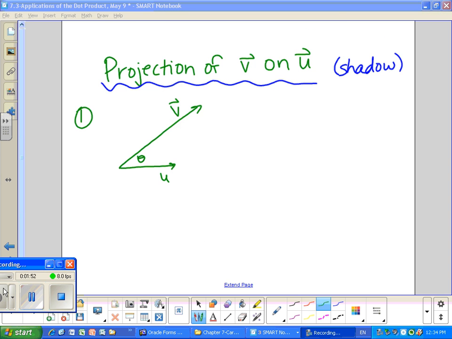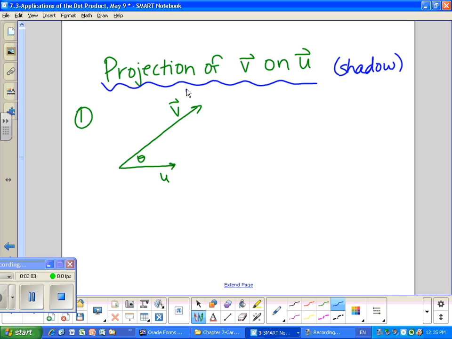So what a projection is, it's a shadow. If we're projecting V onto U, and we have light, the sun, beaming down on this vector V, the shadow will be right there.